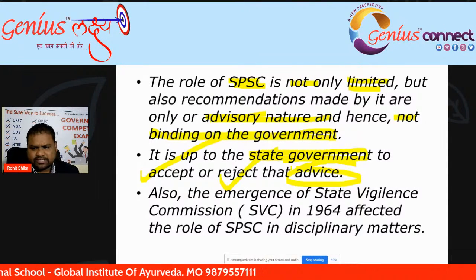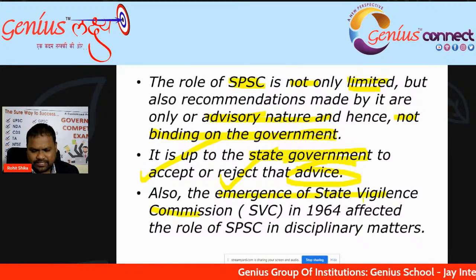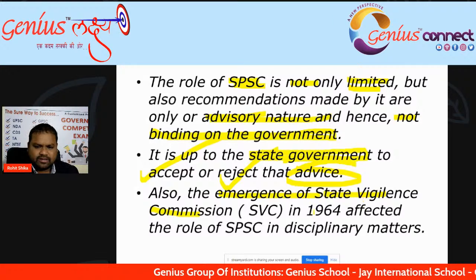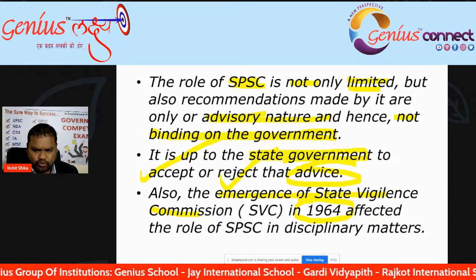Also, the emergence of State Vigilance Commission, which is a different department, came into existence in the year 1964.